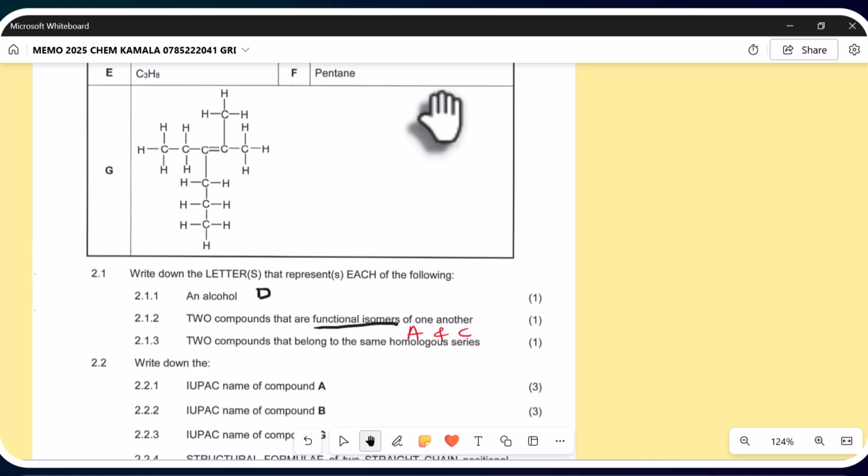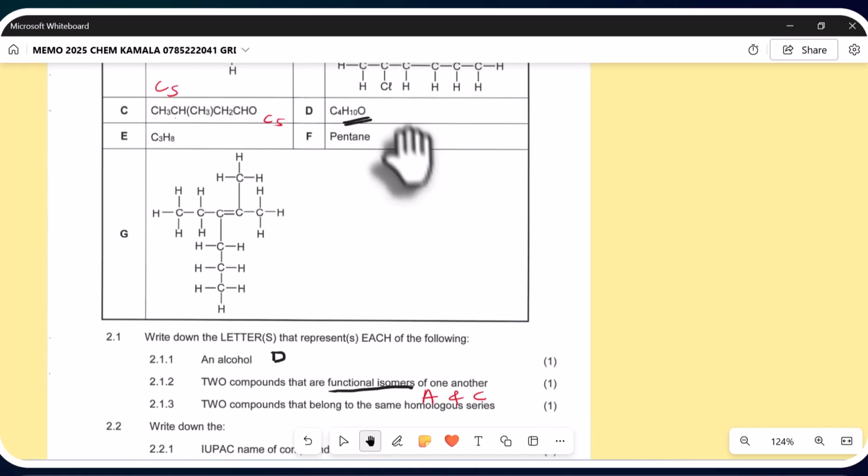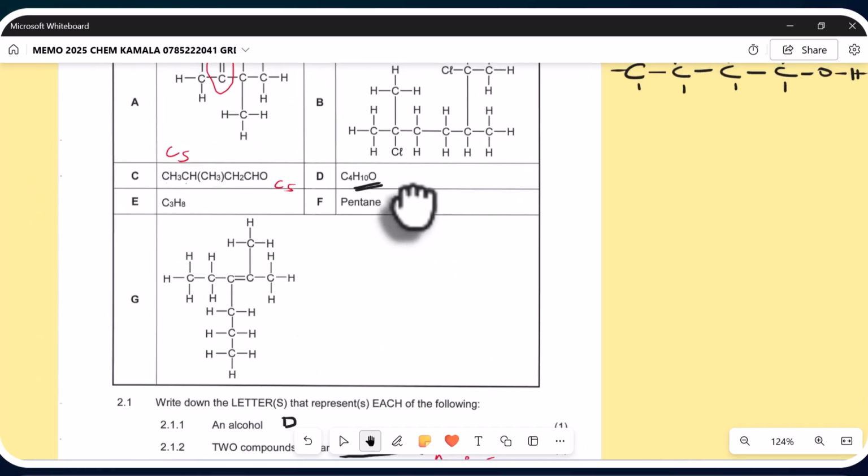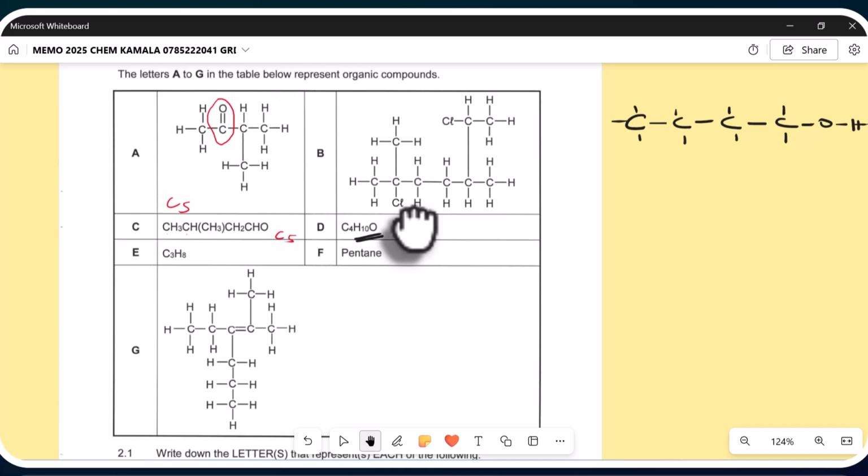We saw it already. This is pentane. Now our E is C3H8. If you look at that E, you can write it as C3, then H, 2 times 3 plus 2, which conforms to CnH2n+2.